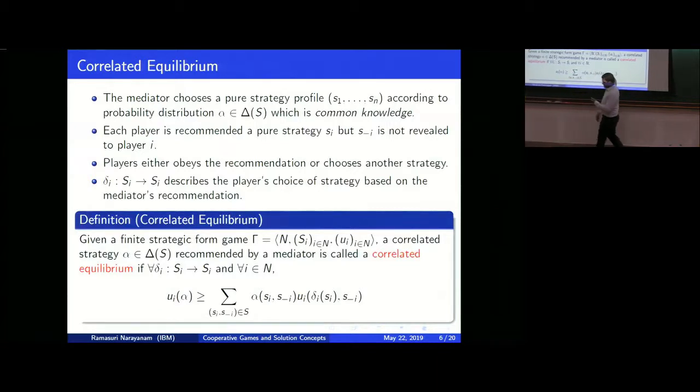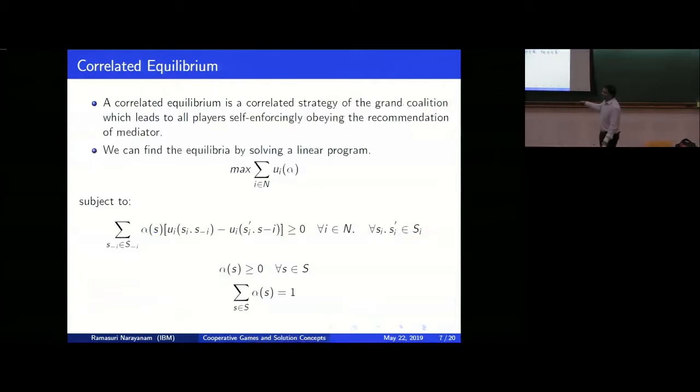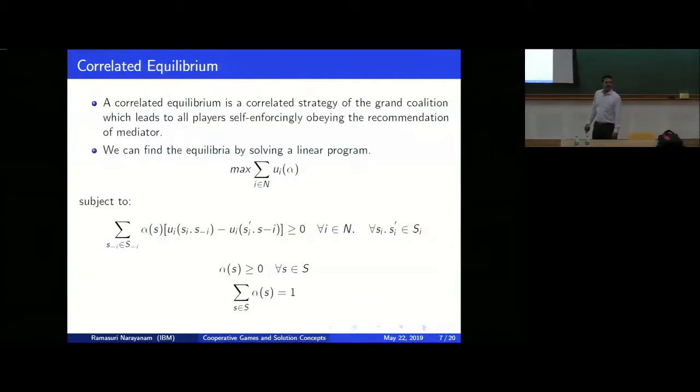You pull these two things together and adjust terms, and you get that condition. And these two are the standard probability distribution based conditions. This is the simple linear program which gives you the correlated equilibrium which maximizes the social welfare. In this case, we define social welfare to be the sum of utilities of all the players. Clear?